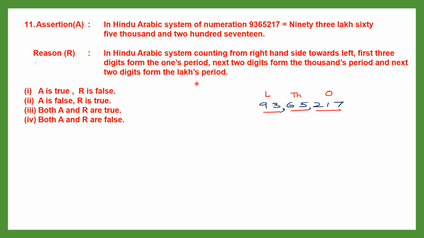And the next 2 digits form the lakhs period. Yes, that's true, isn't it? So reason R is giving a correct explanation for assertion A. So both A and R are true. So which option is that? That is option 3. Both A and R are true.